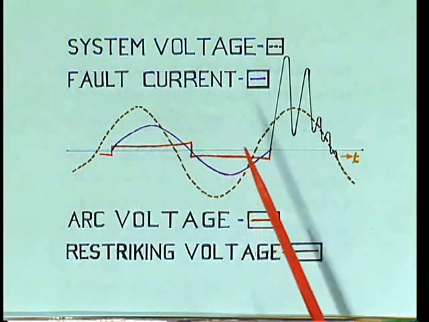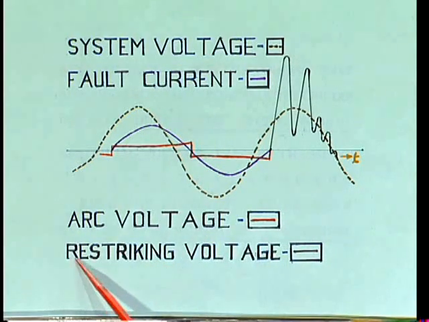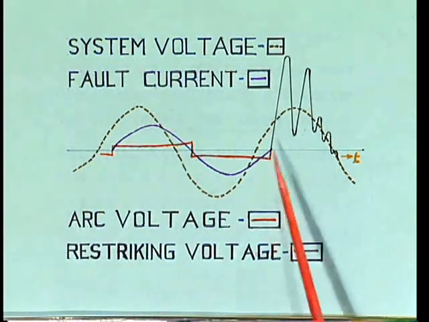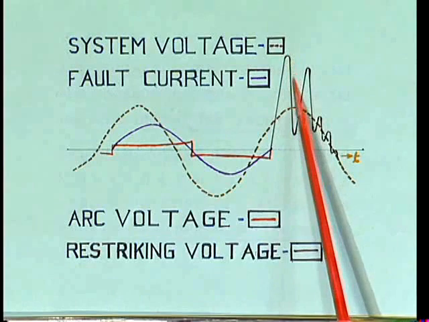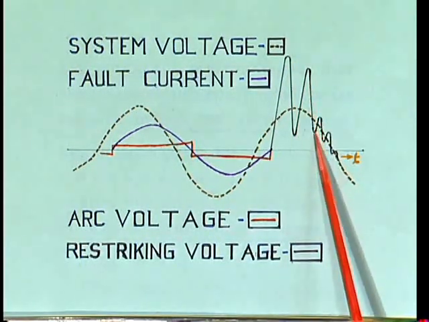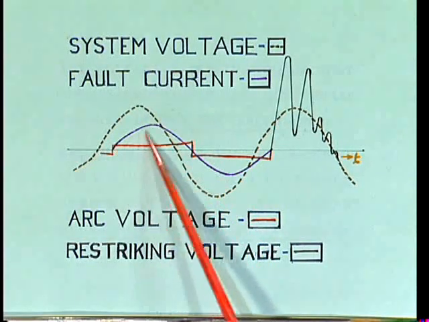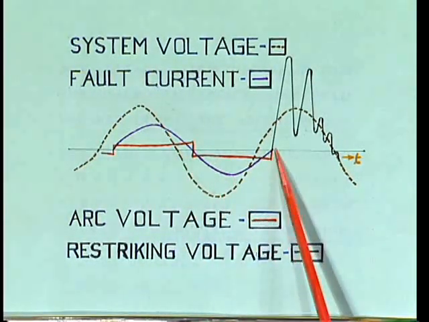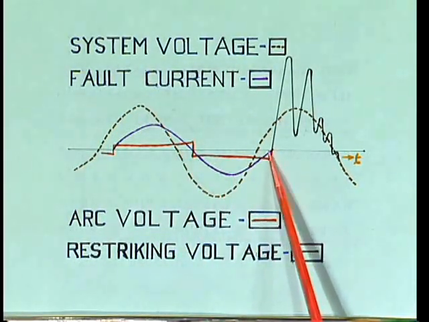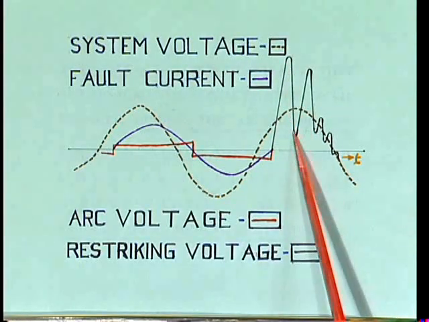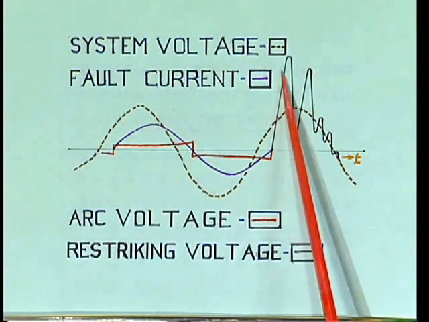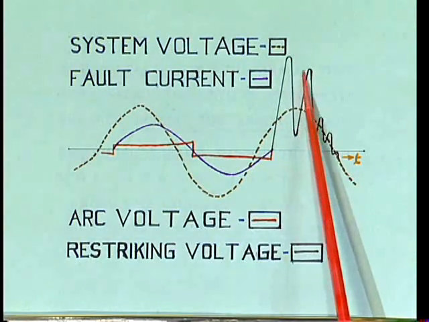Next one is restriking voltage. This restriking voltage appears only at current zero. This is the fault current. At fault current zero only, this restriking voltage appears. This is a transient state of restriking voltage with high frequency.